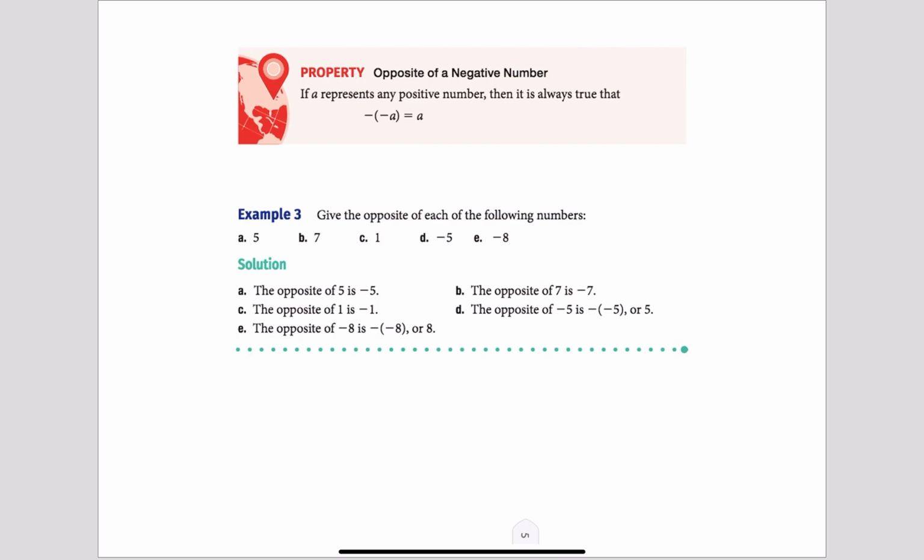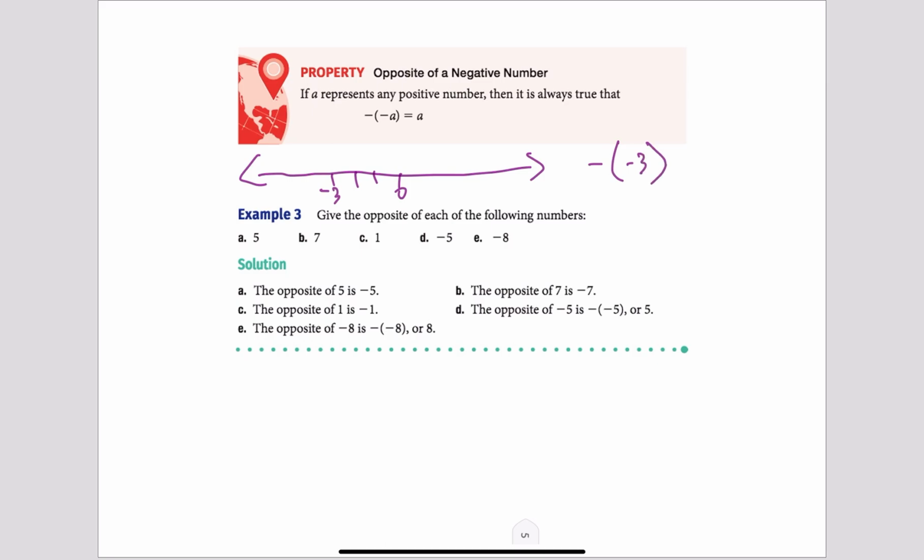All right, so if the opposite of a positive number is a negative number, what's the opposite of a negative number? Well, the opposite of a negative number is going to be a positive number. So if I start at my number line again, and I start here at negative 3 and I want to know, well, what's the opposite of negative 3?